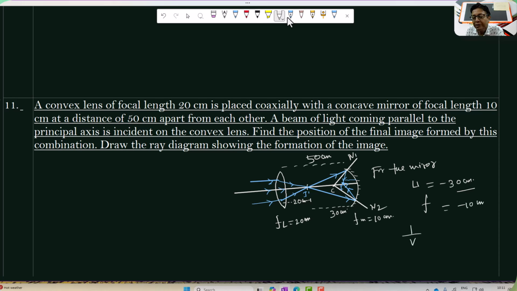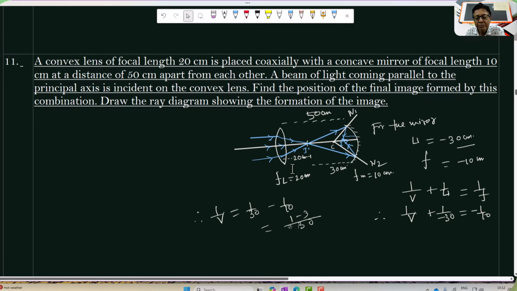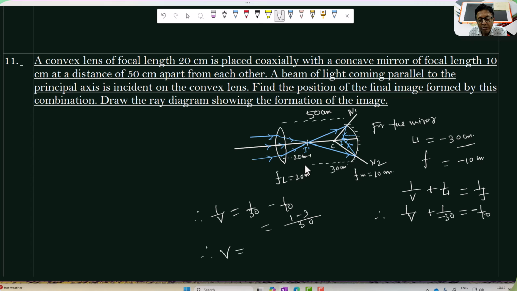So 1 by V plus 1 by U equal to 1 by F. Therefore 1 by V equal to, 30 is the LCM, 1 minus 3, so V equal to minus 15 centimeters.